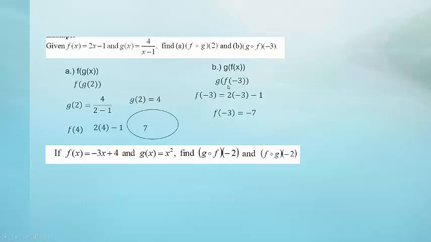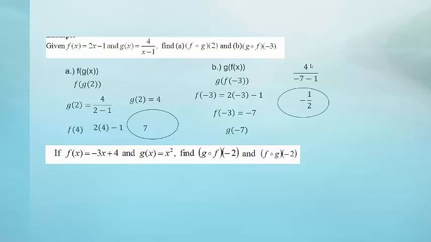So what I'm going to do now is take out f of negative 3 and replace it with negative 7. And my new problem will be g of negative 7. We'll substitute negative 7 in for x, and then we'll simplify and get negative 1/2.